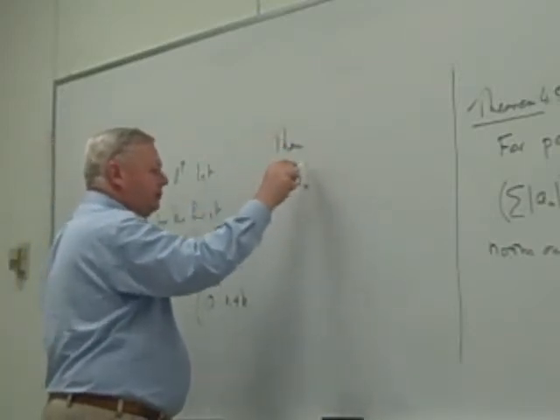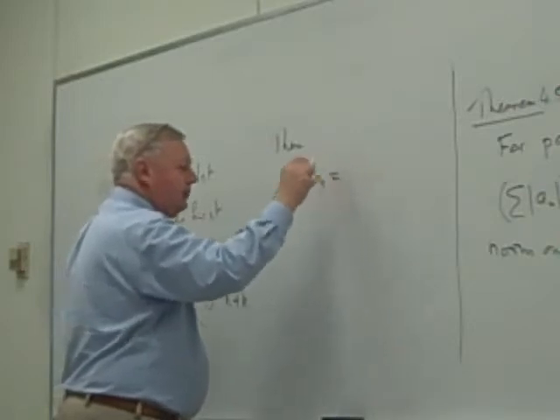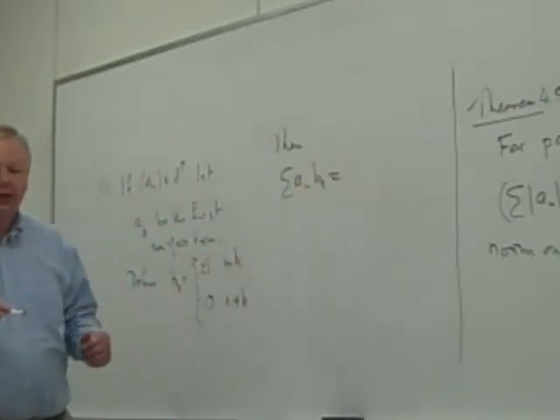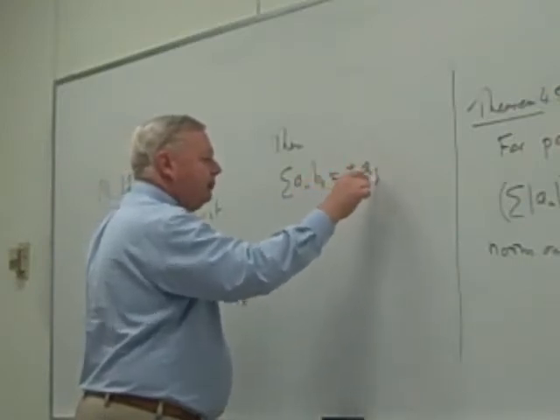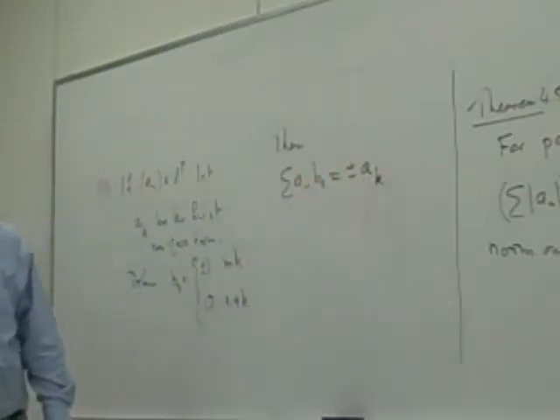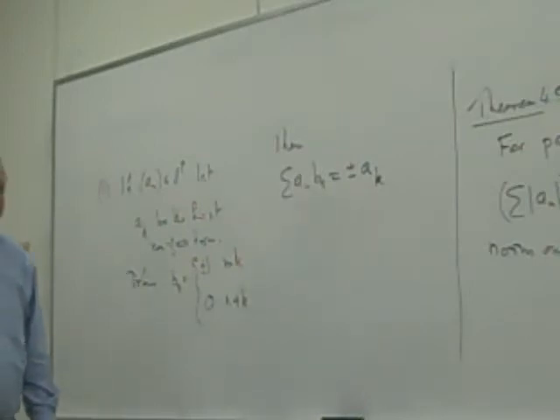Then the sum of a_n b_n, depending on whether we took plus or minus here, is plus or minus a_k. So one of those is positive.